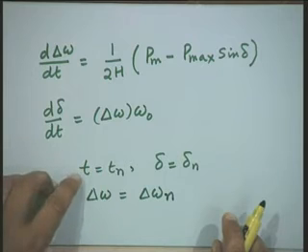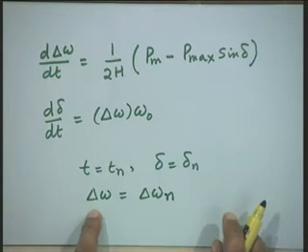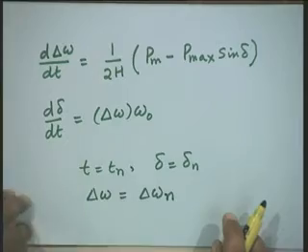That is, at time t equal to t n, we know the value of delta as delta n and omega as omega n. We write down now the two first order nonlinear algebraic equations by applying the trapezoidal rule of integration.